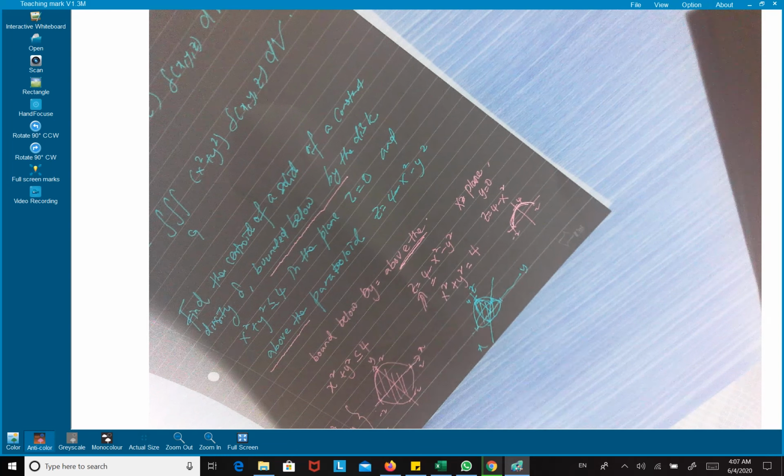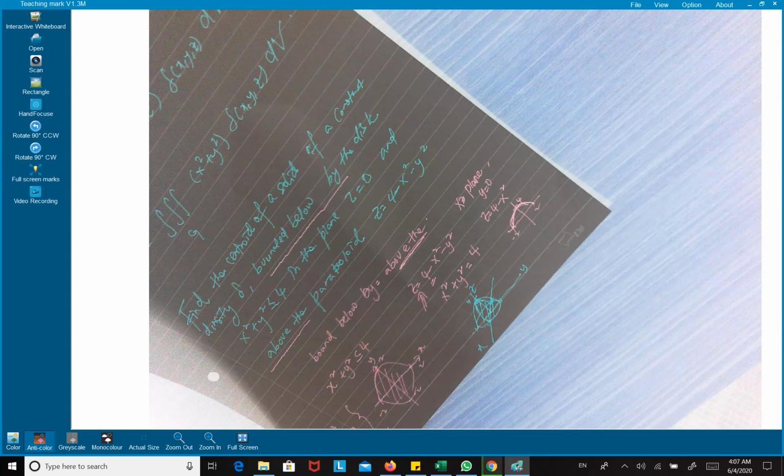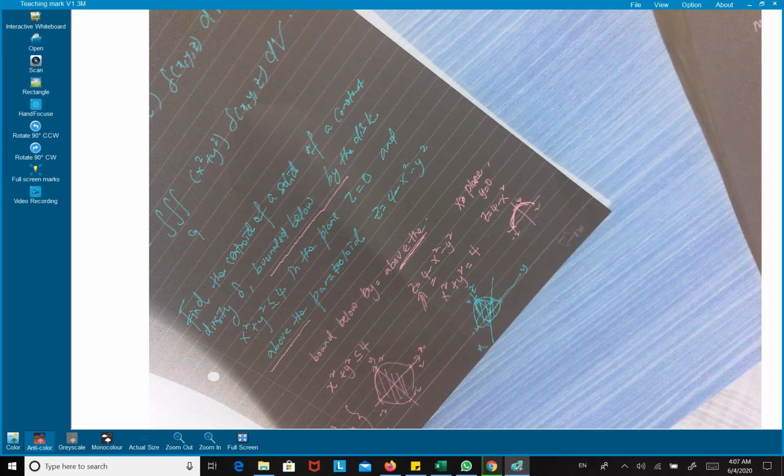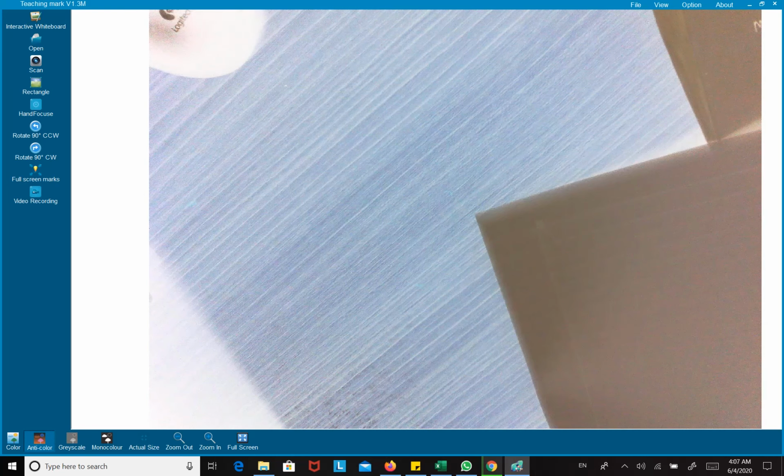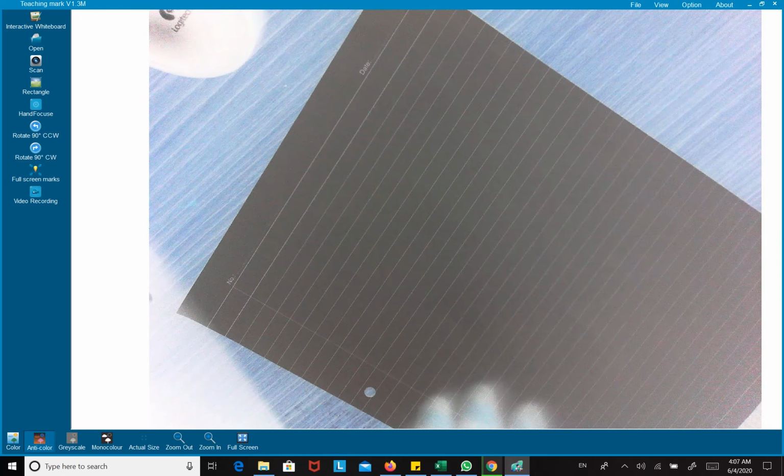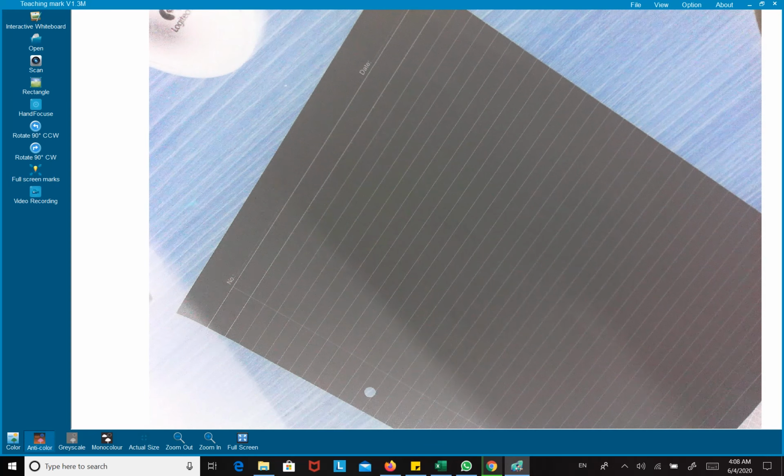So they ask you to find the centroid of a solid. So I take another sheet. Okay, another paper. So z bar.